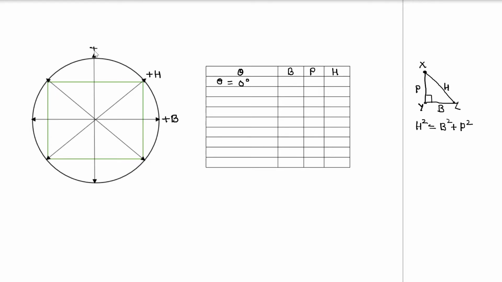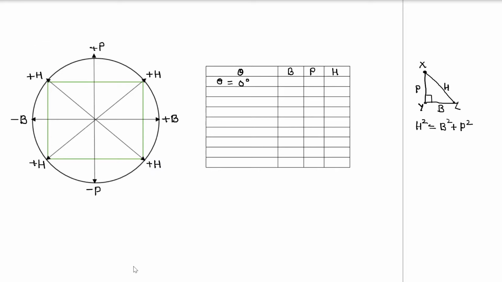This positive side of the y-axis, I am taking as plus P. This is the negative side of the x-axis. This is the same positive H line that we have drawn. This is the negative side of the y-axis, which will be termed as minus P. Here, this is the positive side of the H, which is the hypotenuse.